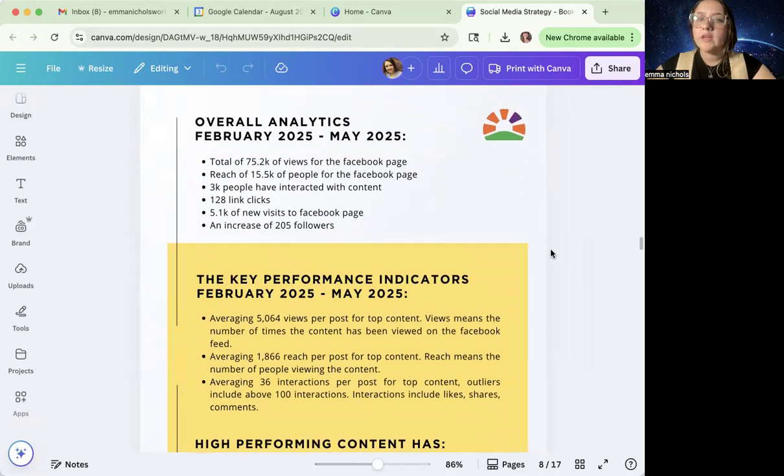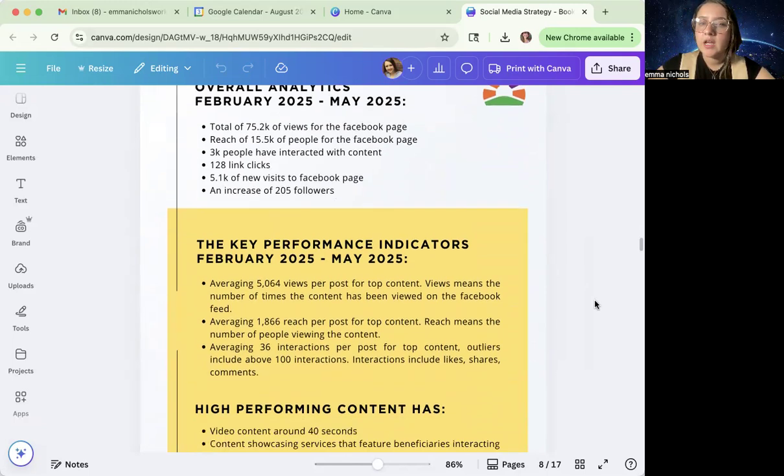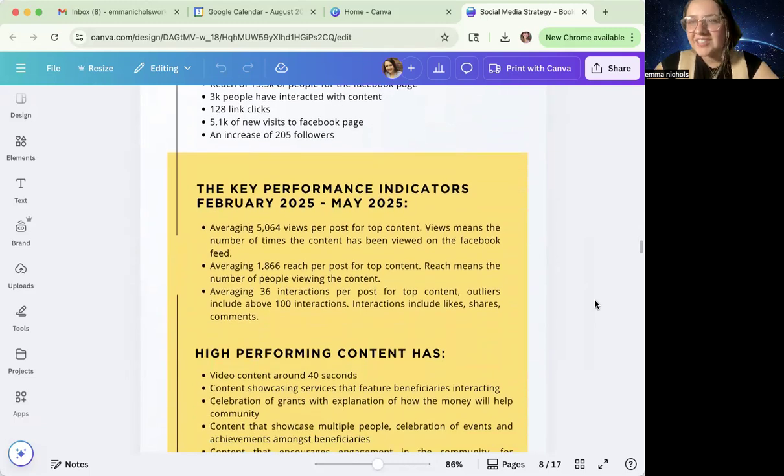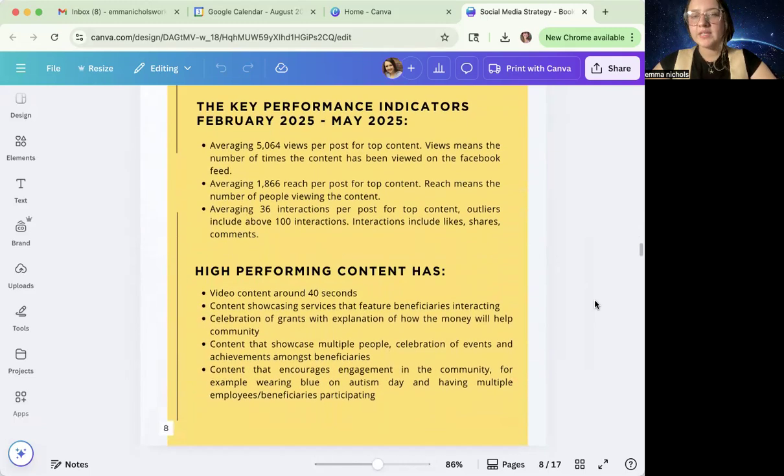So a total of 75.2K views for the Facebook page during that time, a reach of 15.5K people, 3K have interacted with the content, 128 clicks, and an increase of 205 followers. Key performance indicators: averaging 5,000 views for top content. Views means the number of times the content has been viewed. Reach is the number of people viewing the content, and then there are 36 interactions for top content.